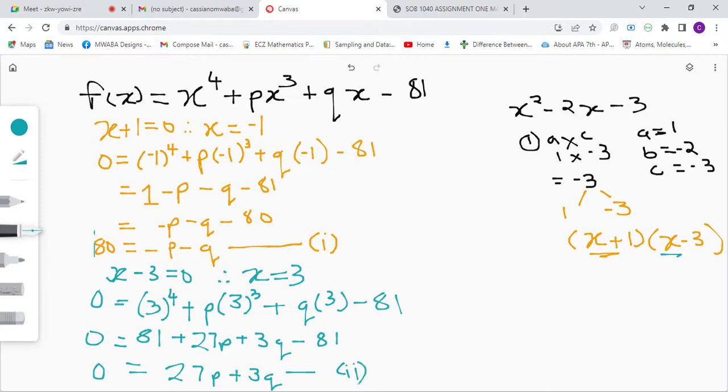So that is equation 2. Any questions here?